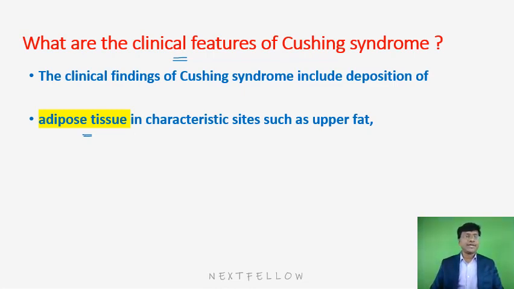It accumulates in the supraclavicular area, causing supraclavicular filling. And it accumulates in the abdominal area, resulting in central obesity. So these are some very important clinical features of Cushing's. In fact, the earliest feature of Cushing syndrome is weight gain.